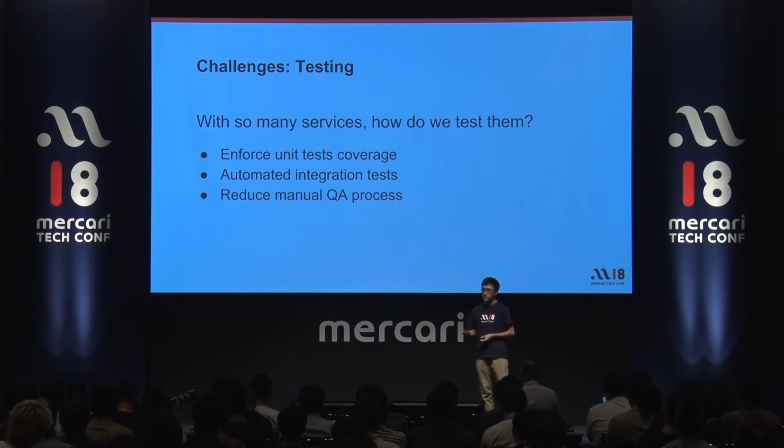And by doing this, we can largely reduce the manual QA process. And again, we need to do this because in the microservice design, it's just very difficult to manually test all the scenarios whenever you make a single change in each of the services.